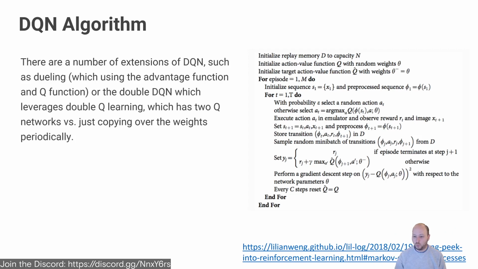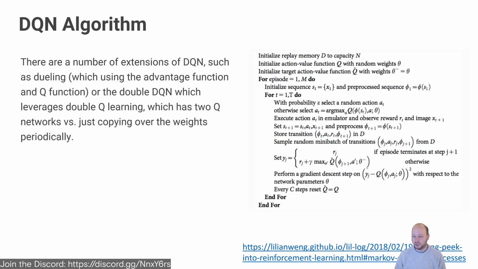And now we set Y. And why is it a Y? Because we have this supervised learning task that we're trying to do, right? If we terminate at the next state, and again, keep in mind this is the sampled states, then we just get the reward of that state because the value of the next state is 0 because we're done.